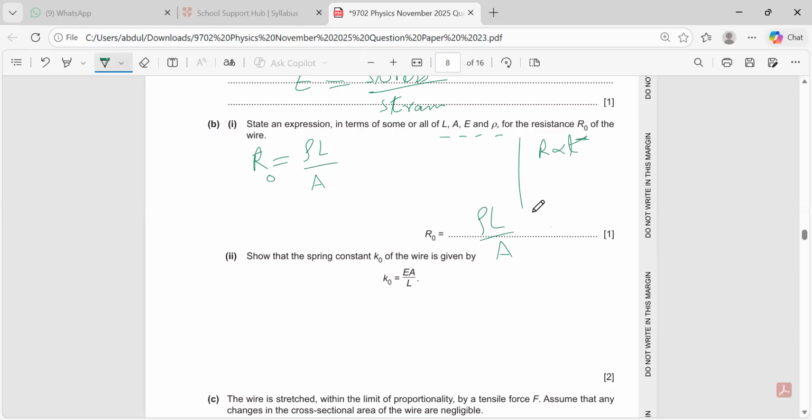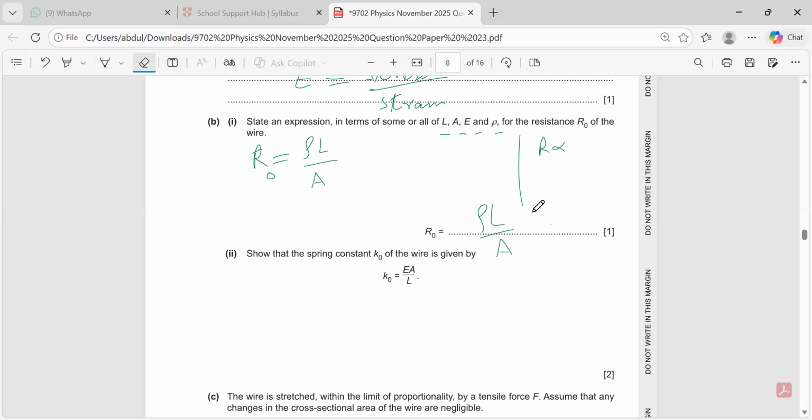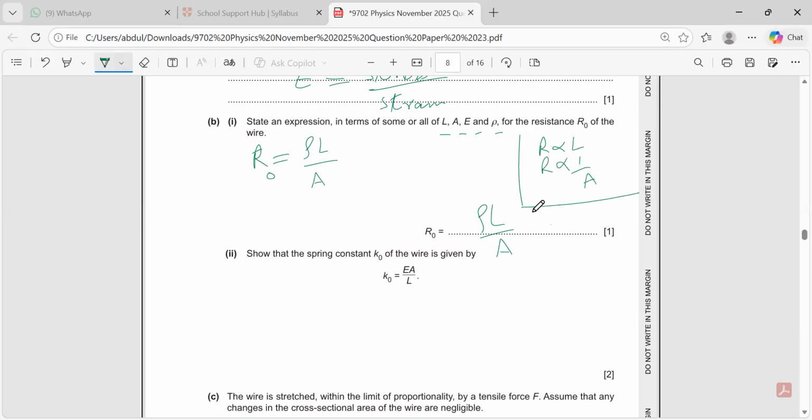No need to show it because only 1 mark. Resistance is directly proportional to what? Length. Resistance is inversely proportional to area of cross section. If we combine, we can get R is equal to rho L over A, where rho is the constant of proportionality. That is the resistivity of the metal.